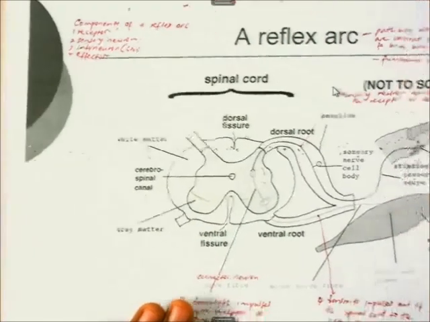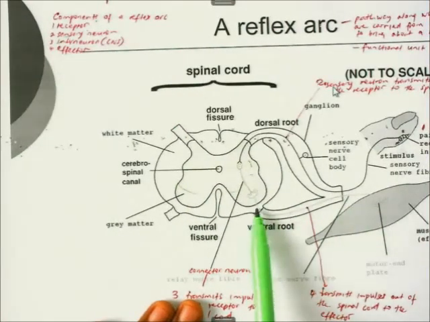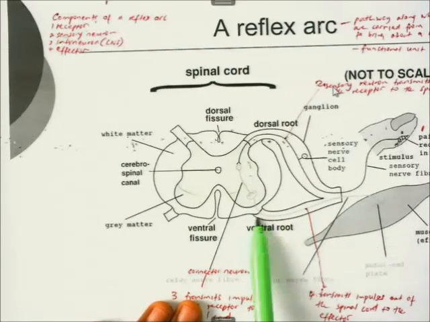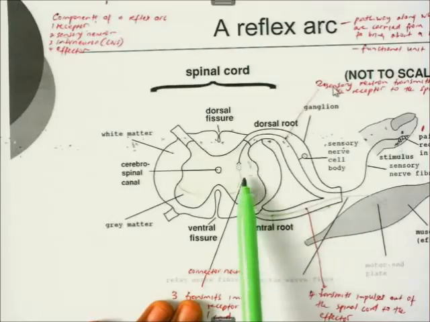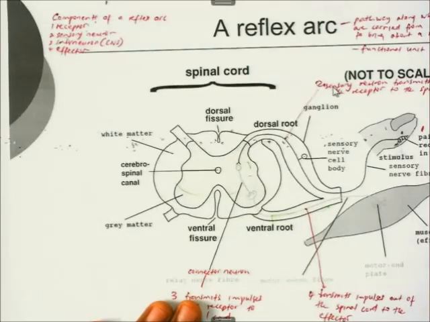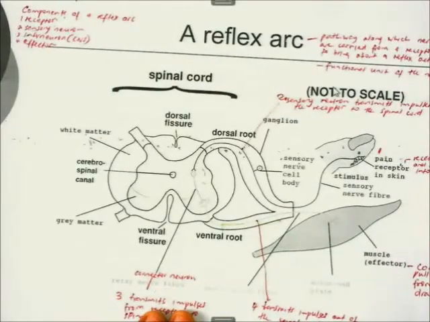And then another component of a reflex arc is a motor neuron. So the motor neuron takes impulses from where? From the spinal cord or from the connector neuron to where? To an effector. So now our effector in this case is what? It's our muscle.